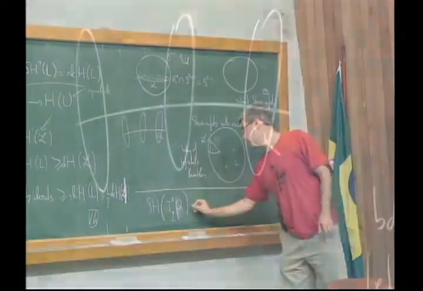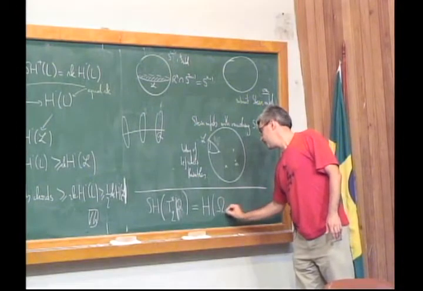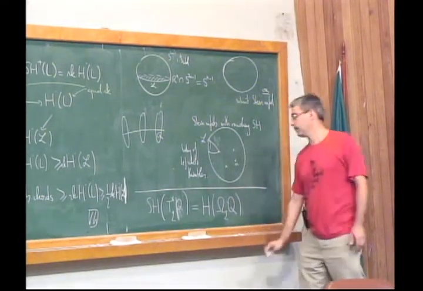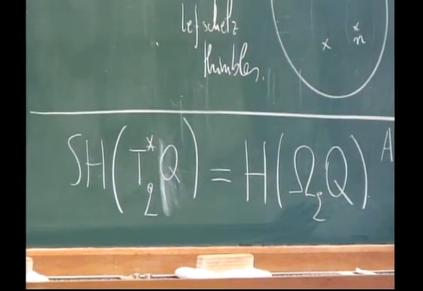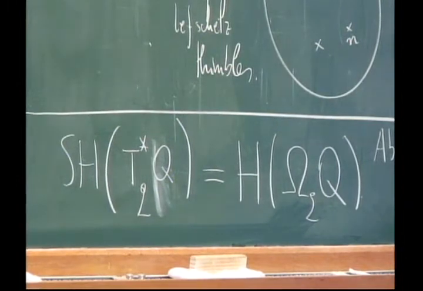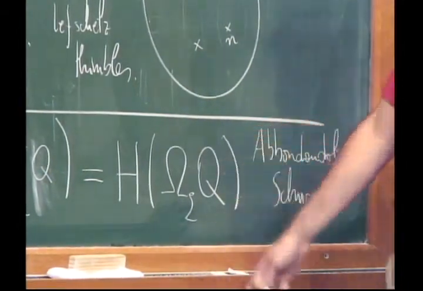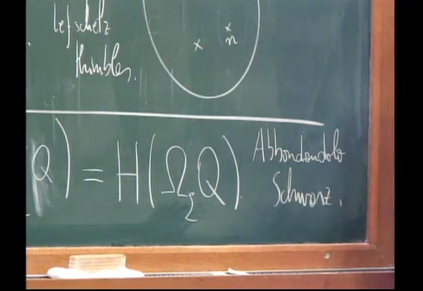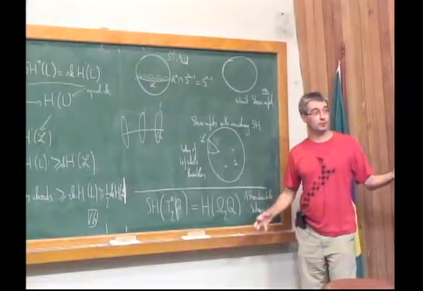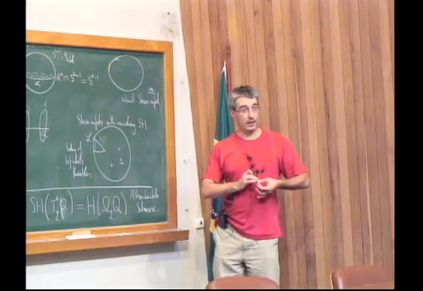So the symplectic homology of this is the homology of the based loop space. That's Abbondandolo-Schwarz. And actually the product that I'm going to talk about right now is the Pontryagin product here. The Pontryagin product is very non-commutative. You take two cycles in the based loop space, and you make the product by concatenating them at the base point.